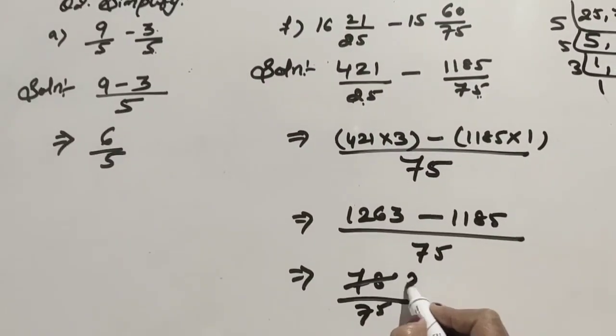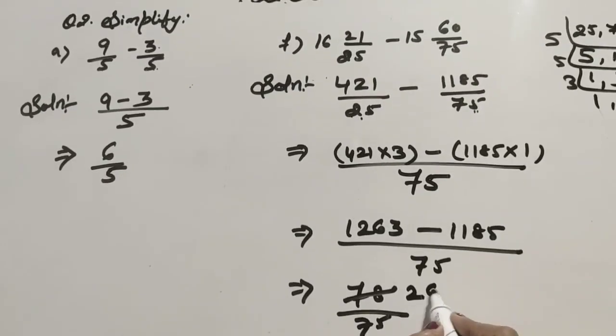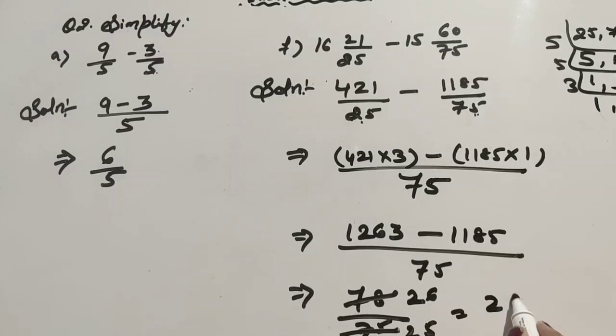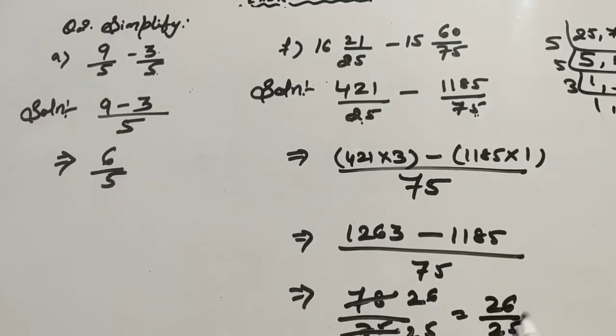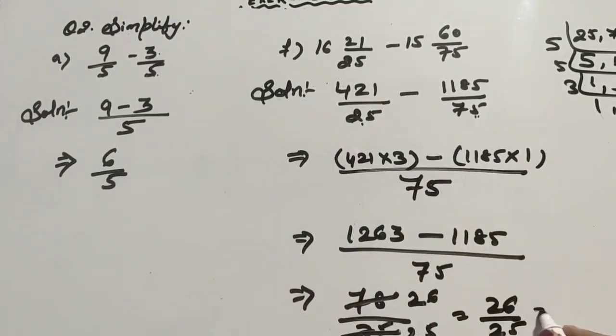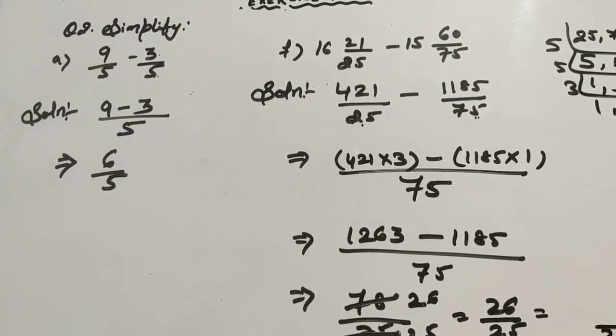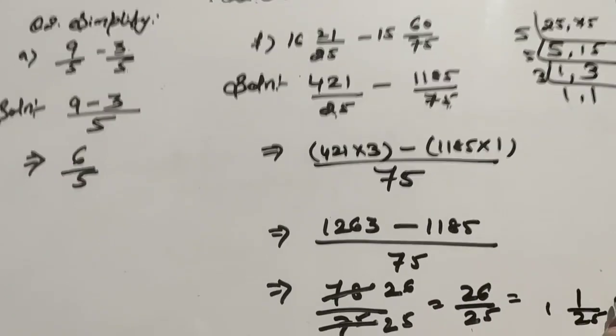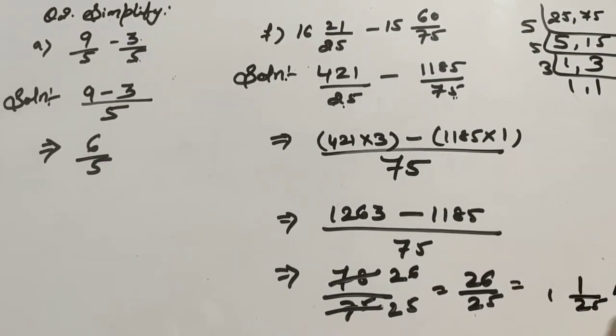Three 2s are 6, 3 6s are 18, 3 2s are 6, 3 5s are 15. So 26 by 25, because the question is given as a mixed number, so your answer should also be a mixed number. 25 1s are 25 plus 1, 26 by 25 is your correct answer.